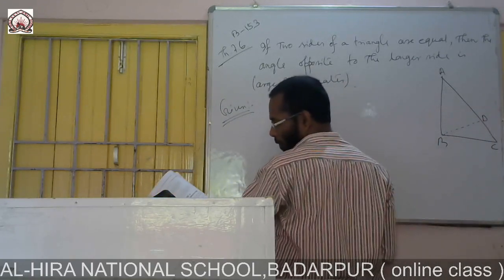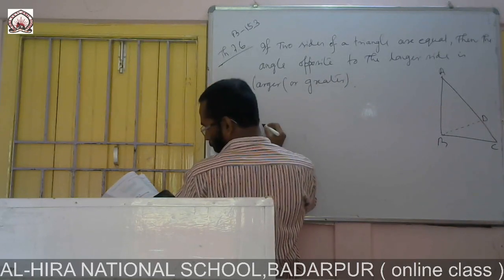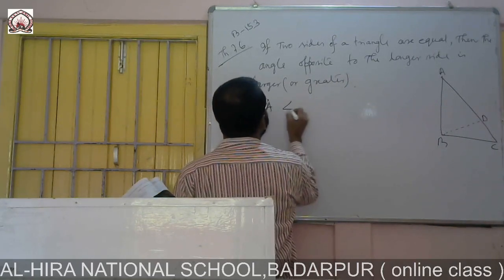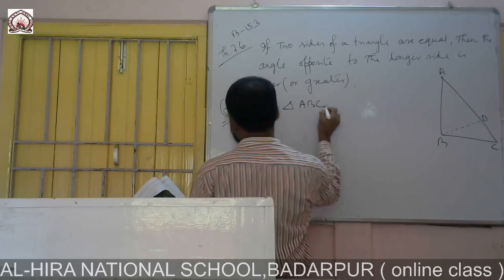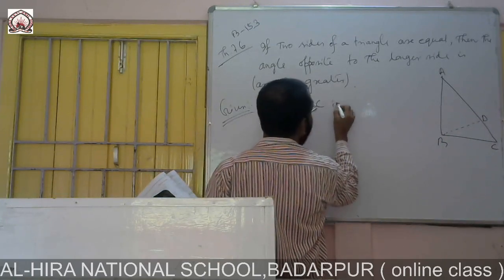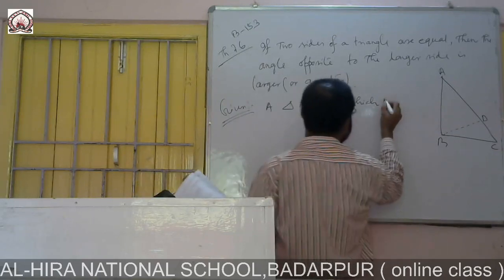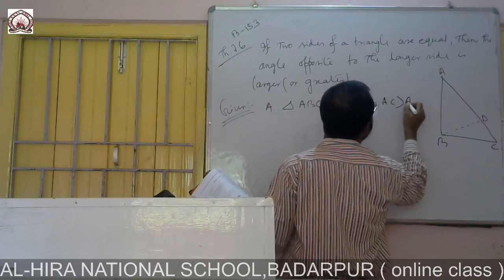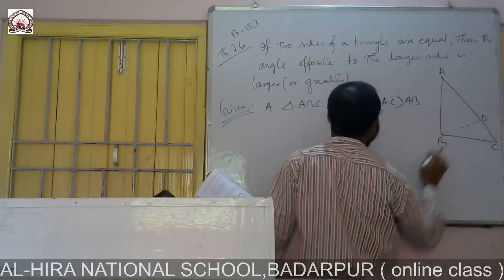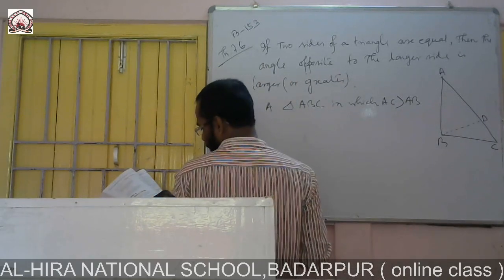So given what? A triangle ABC in which AC is greater than AB. By diagram you see.